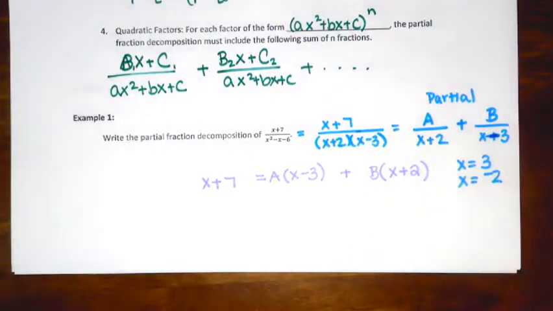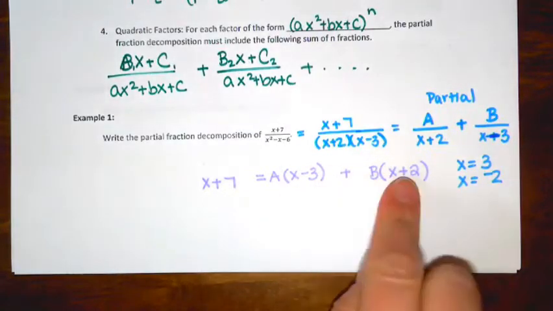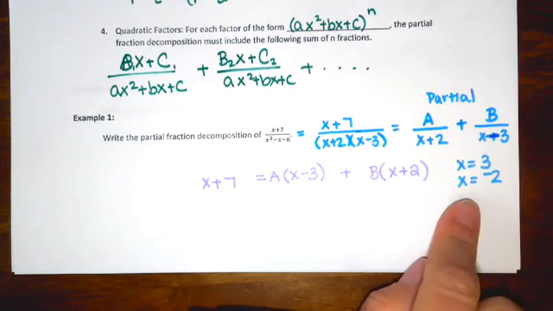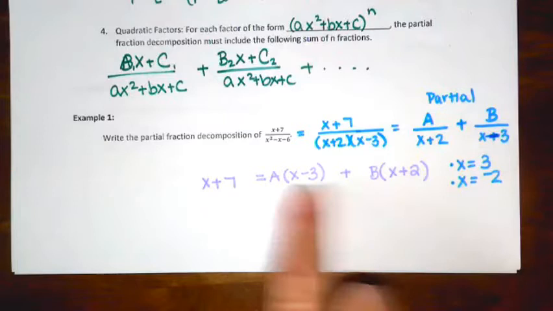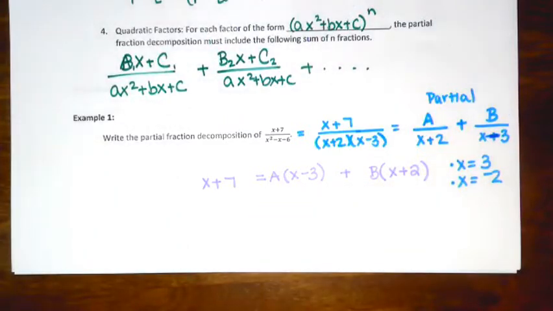Why? Because if I set each one of these factors equal to 0, that's what x would be, right? So then could I plug each one of these x values in and solve for a or b? Yes. So let's go ahead. Which one do you guys want to plug in first? Your choice.